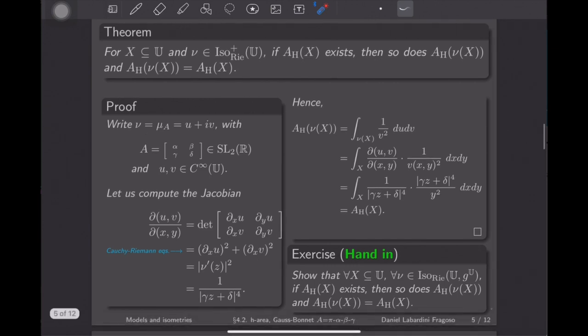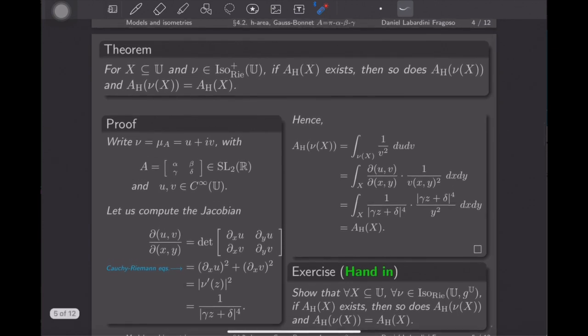So everything relies on the formula for computing an integral under change of variables: first, the computation of the Jacobian, the Cauchy-Riemann equations, and these computations that we had made already when we started speaking about the upper half plane some time ago.